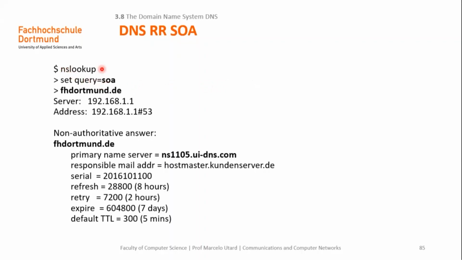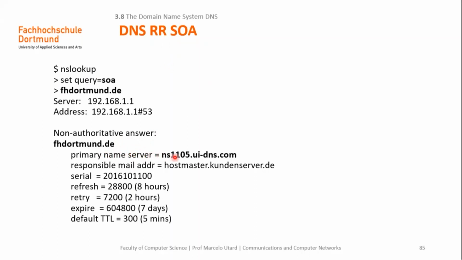I performed an NS lookup of the SOA record of the Fachhochschule Dortmund zone. And we could see that this record typically contains some information in the record data, and that information is the primary name server.